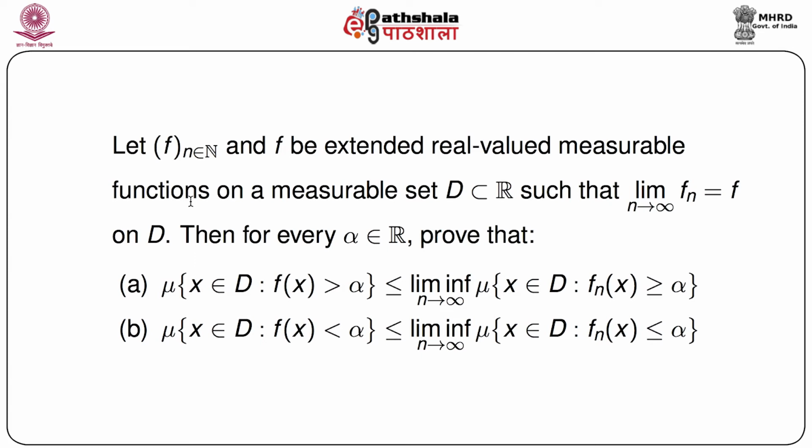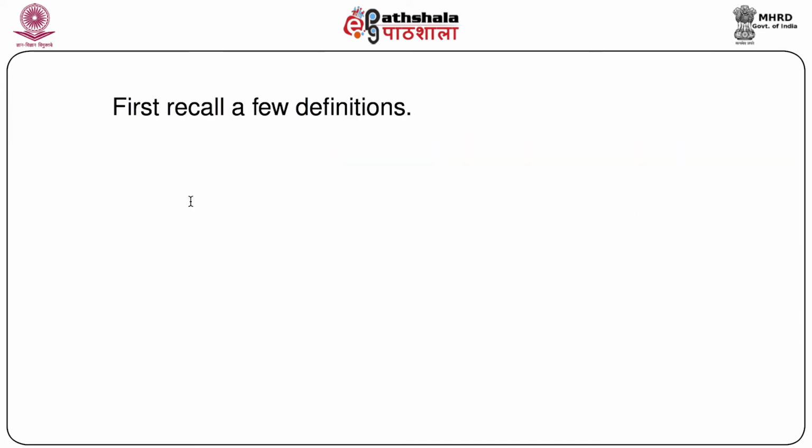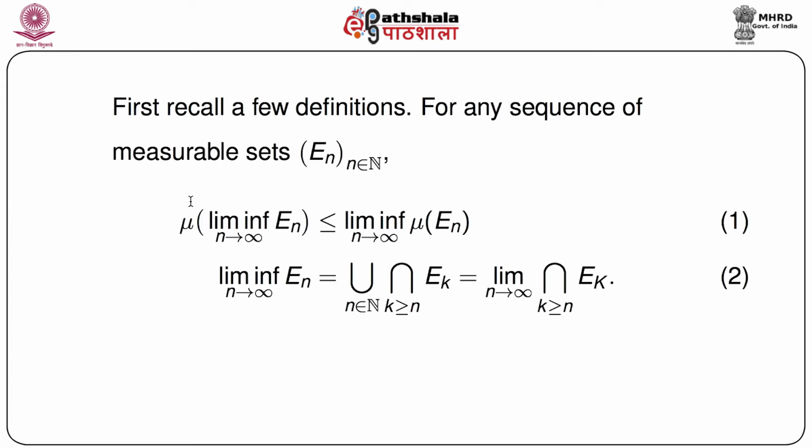And the second part is more or less the same, that is mu of x belongs to D, f(x) less than alpha, is less than or equal to the limit as n goes to infinity of mu of x belongs to D, f_n(x) less than or equal to alpha. Now actually we are going to prove one of these two because the other one will follow the same logic. So let's concentrate on part A.